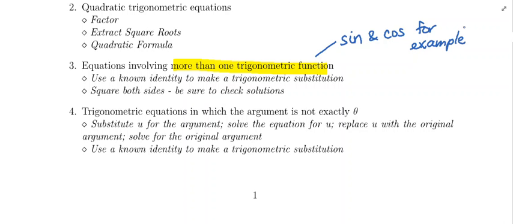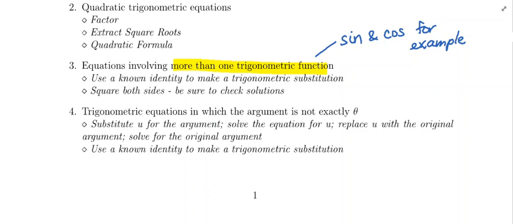Okay, when I say equation with one type of trigonometric function, that means it's going to have all sines, or it's going to have all cosines. Okay, but now it's definitely possible to have an equation that has more than one type of trigonometric function in it. So in that case, what you can do, you can either use a known identity to make a trigonometric substitution, or another method is to square both sides, which is kind of an unusual method, something you may or may not have done before.